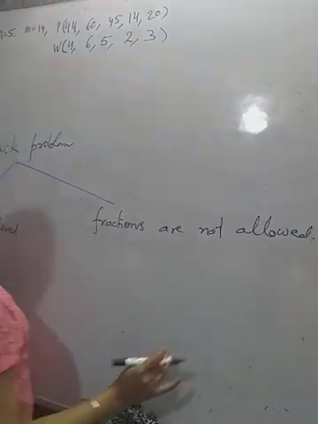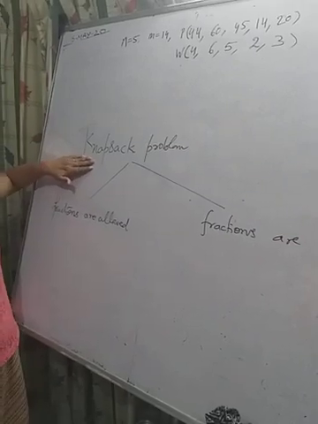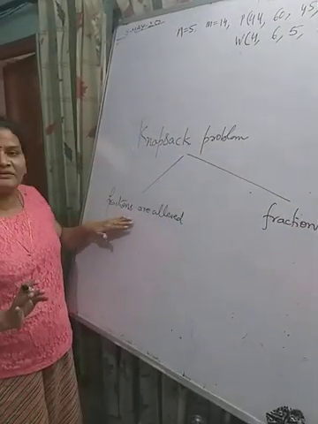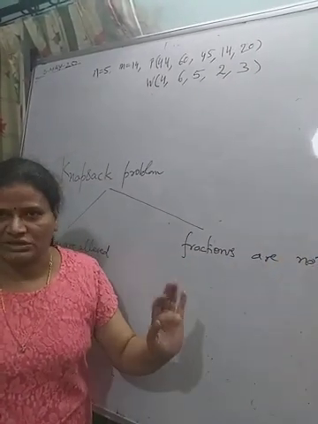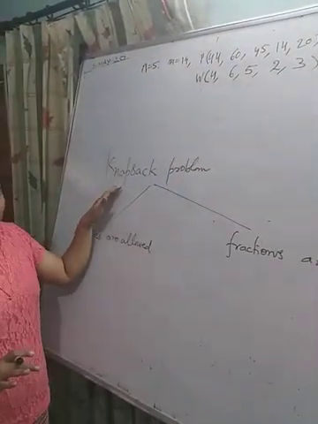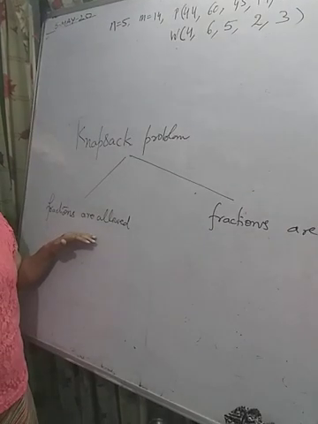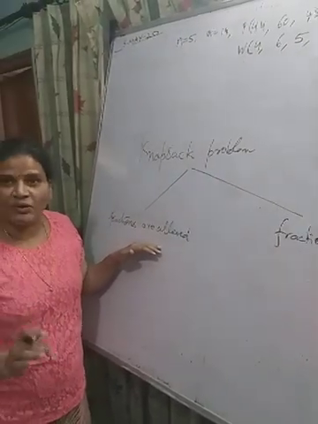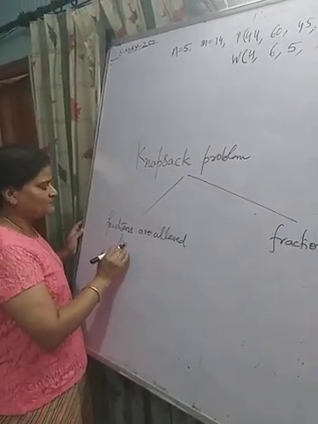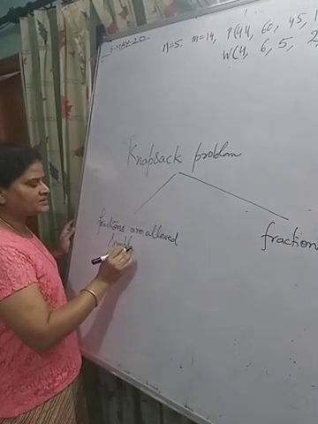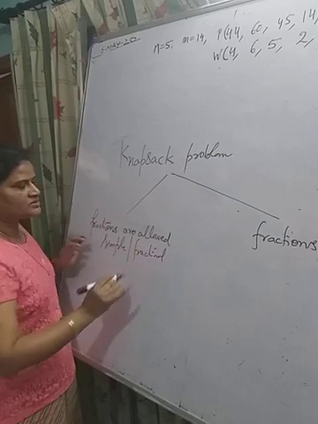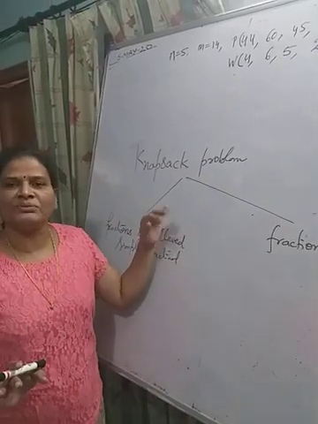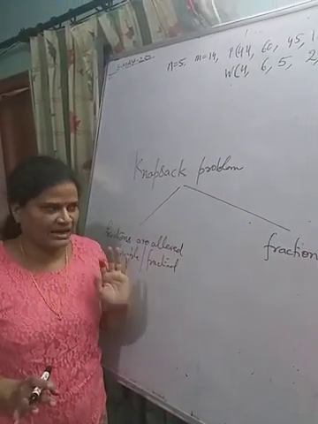See, the knapsack problem is of two types. One, when the fractions are allowed, and when the fractions are not allowed. So in the knapsack problem, when fractions are allowed, that problem is called simple knapsack problem, or simply the fractional knapsack problem. Simply if we say knapsack problem, it means fractions are allowed.